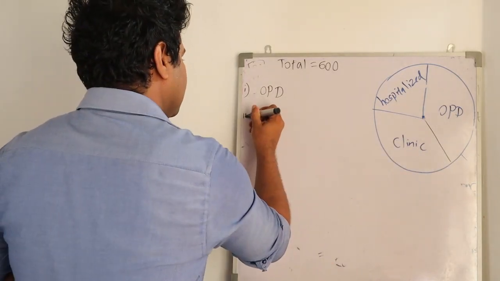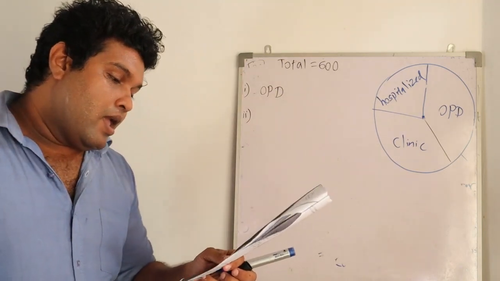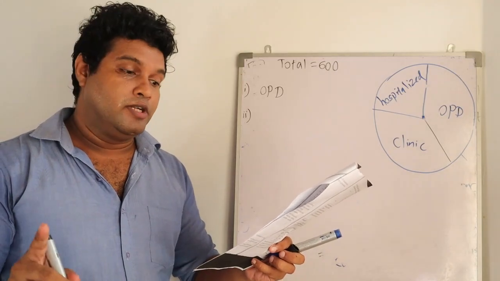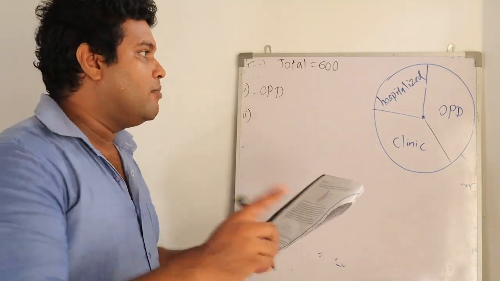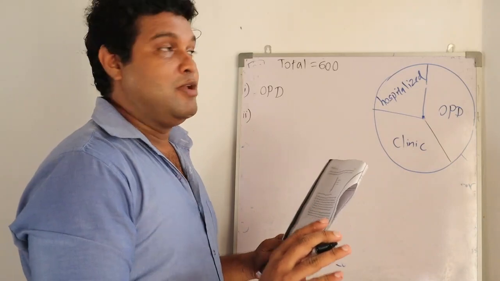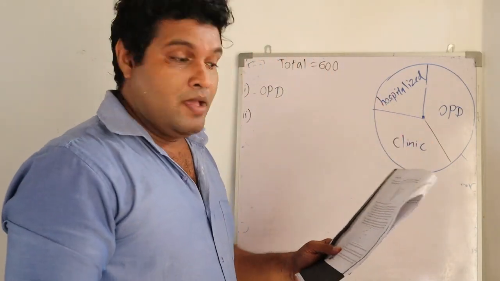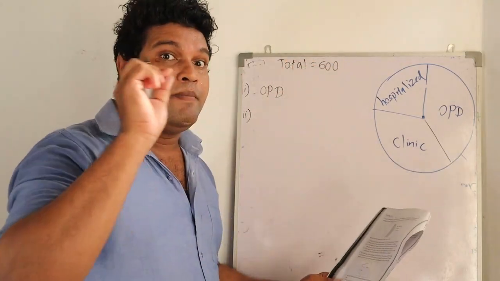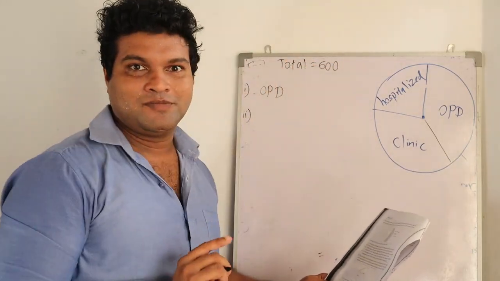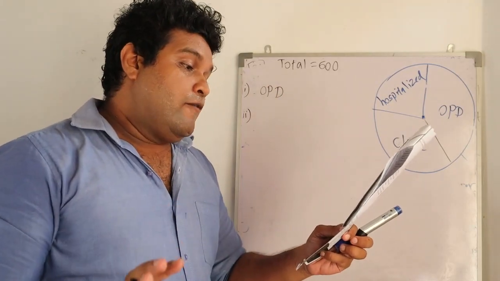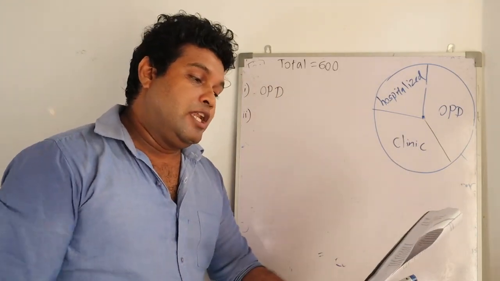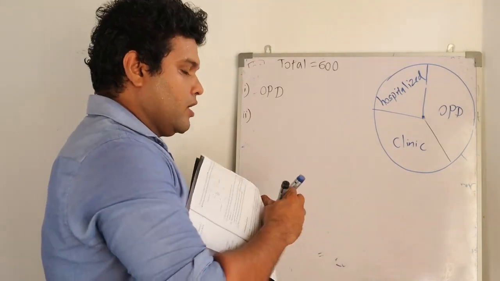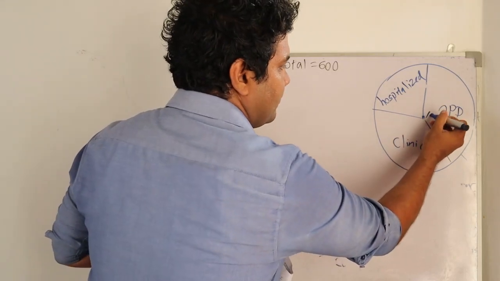Question number 2. If the angle at the center of the sector denoting this unit, meaning the previously mentioned unit, OPD, because there are 3 units, is 150, we must have an idea.